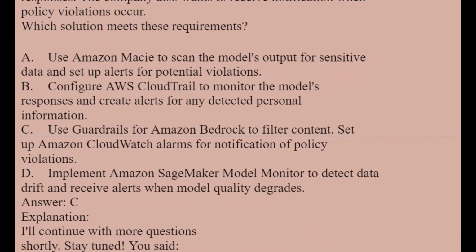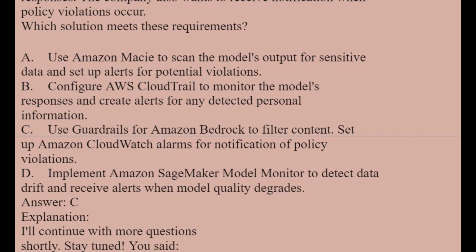Option A. Use Amazon Macie to scan the model's output for sensitive data and set up alerts for potential violations. Option B. Configure AWS CloudTrail to monitor the model's responses and create alerts for any detected personal information.